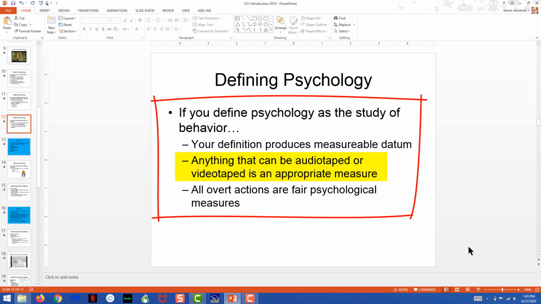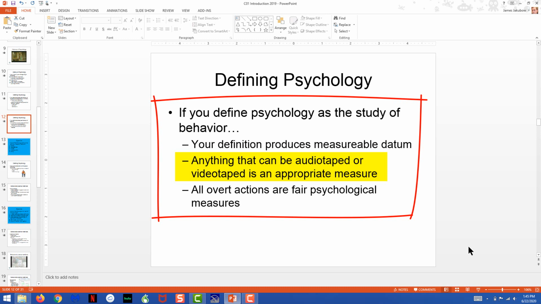Because if you can audio tape it, then you could directly measure it. If you can videotape it, then you can directly measure it. There's no guessing about what a person's thinking or feeling. You are directly measuring what they're actually doing.